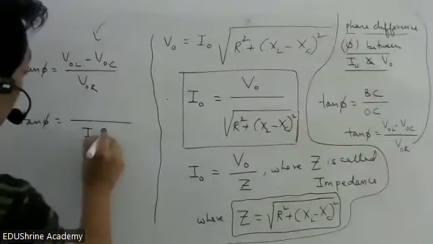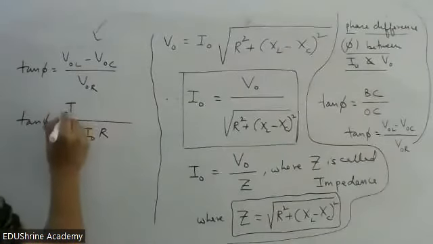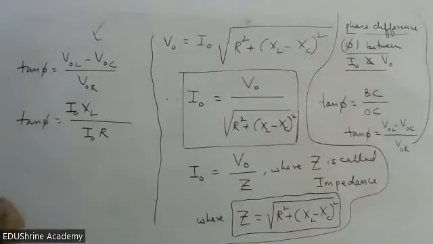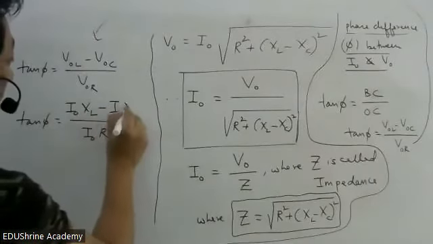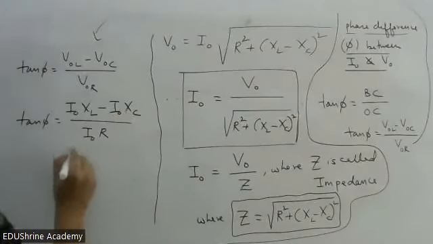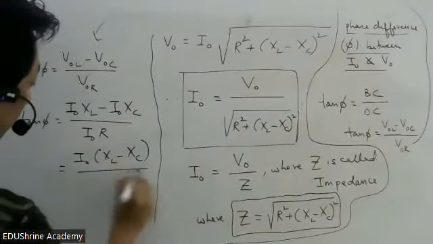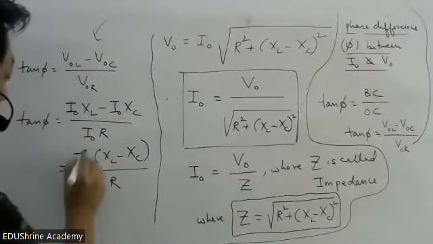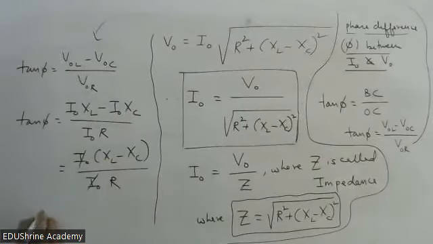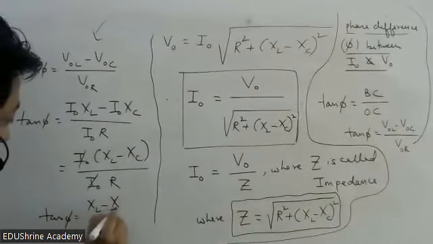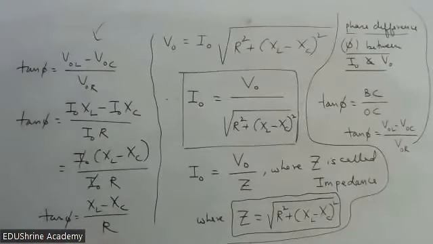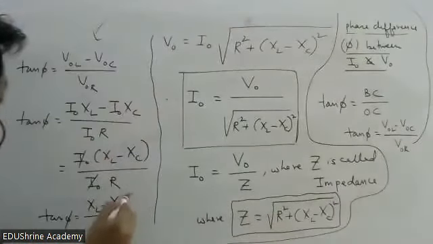I naught into R. V naught L is I naught into XL, V naught C is I naught into XC. Take I naught common, I naught gets cancelled. So what is tan phi? XL minus XC divided by R. These two derivations they may ask. Sometimes they will ask only this for 5 marks.